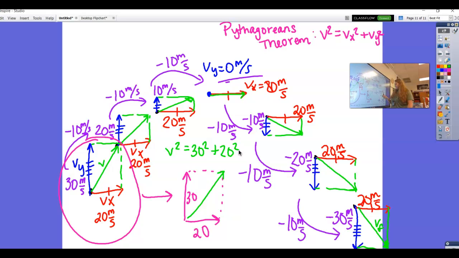And when I do that in my calculator, I will get, I'm just going to do this really quick, 30 squared plus 20 squared. V squared is going to equal 1300. And to get rid of the square, we have to square root both sides. So now I can say my total velocity is the square root of 1300.